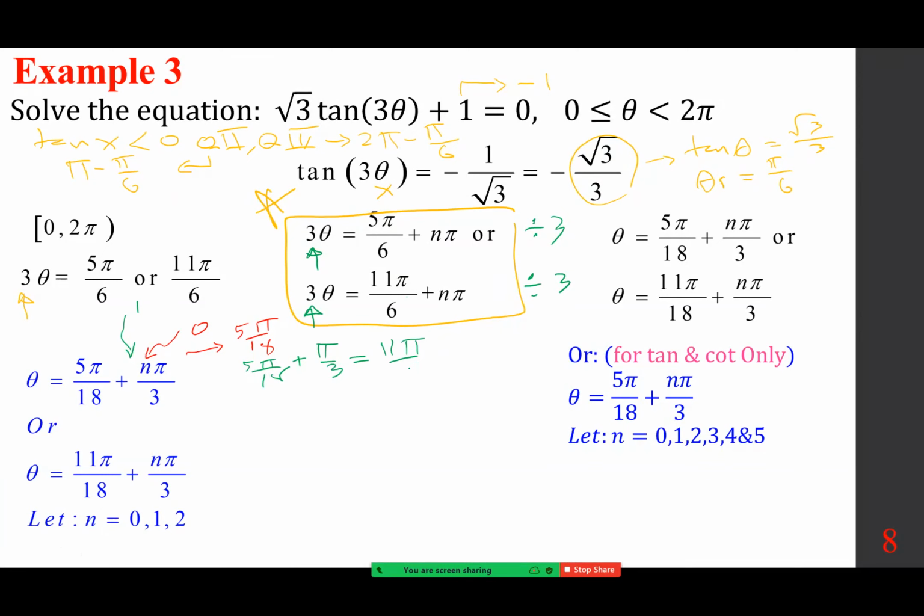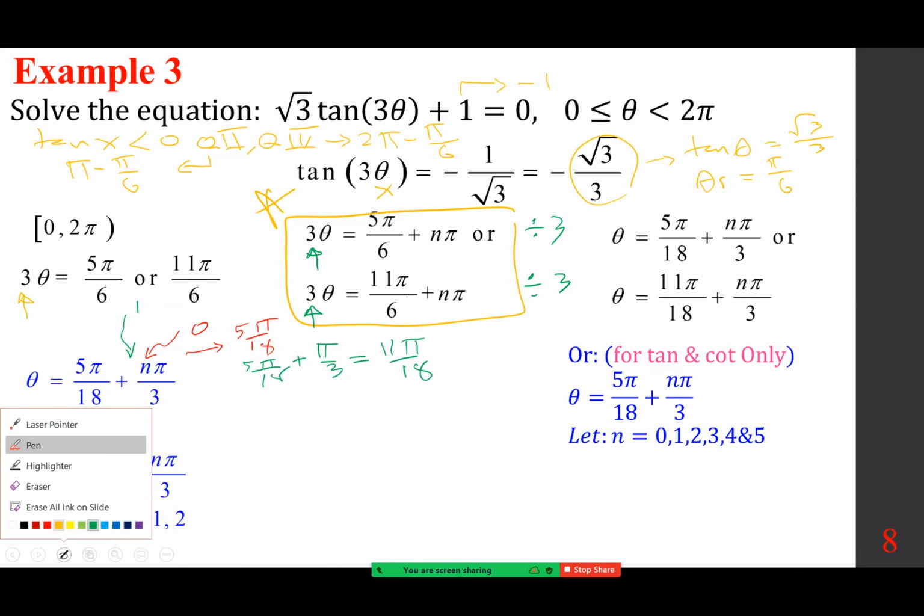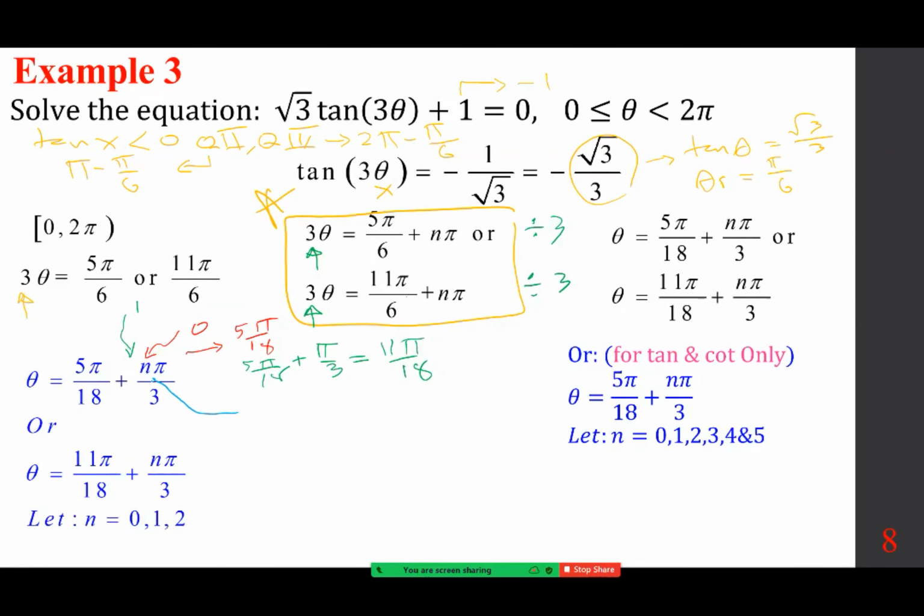11 pi over 18, because pi over 3 is 6 pi over 18, and 6 and 5 make 11 pi over 18. If we let n be 2, we get 5 pi over 18 plus 2 pi over 3.